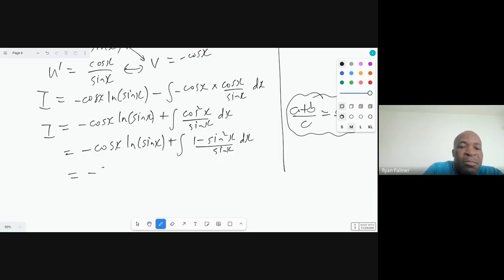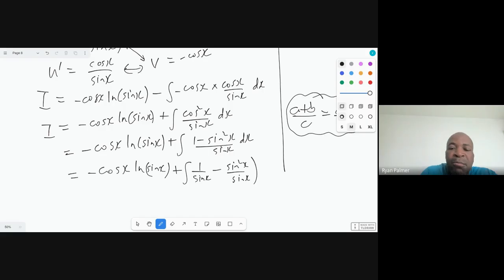So this is going to be minus cos x ln sine x, and then plus the integral of 1 over sine x minus sine square x over sine x. Multiple terms, we'll put that in brackets. We know that 1 over sine x is cosec x, so this is minus cos x ln sine x plus the integral of cosec x, and then sine square x over sine x gives us sine x dx.